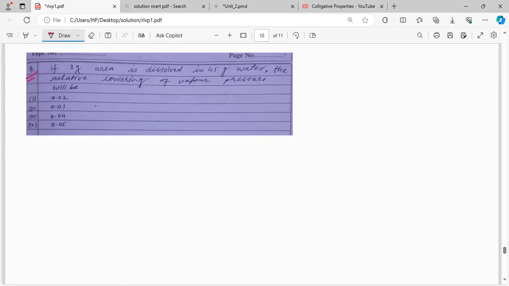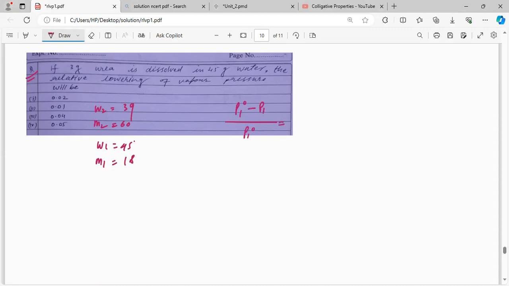Okay. So they have given W2, how much? 3 gram urea. So M2 is 60 gram. Dissolved in W1, they have given 45 gram. M1 will be 18 gram. So that is the ratio they are asking. P1 naught minus P1 upon P1 naught, this value they did not give.